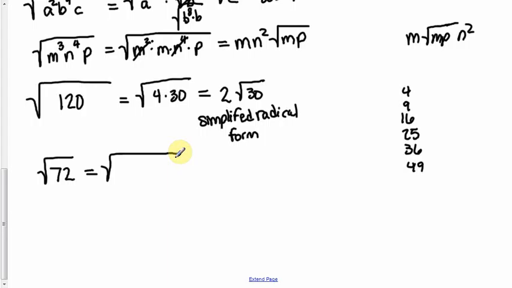What is the largest perfect square factor of 72? 36. Very good. So it breaks down into 36 times 2. And the square root of 36 is 6 times the square root of 2. So when you bring that out, it's multiplied times the radical. Correct? Okay.